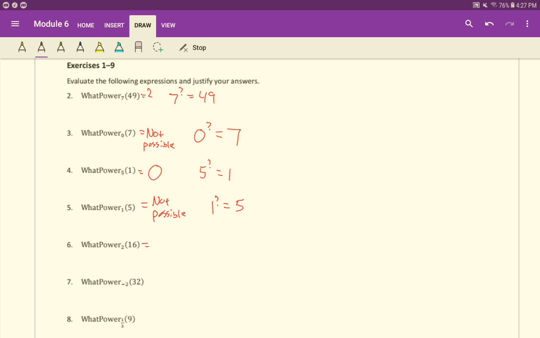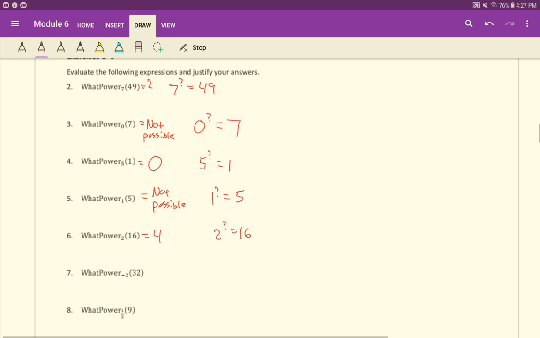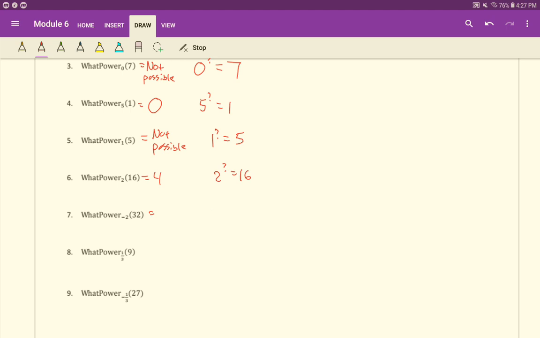Okay, how about this one? So 2 to what power gives us 16? Or what power of 2 gives us 16? So it would be 2 to the 4th. Okay, what power of negative 2 gives us 32? So negative 2 multiplied with itself a bunch of times, is it possible to make a positive answer here?